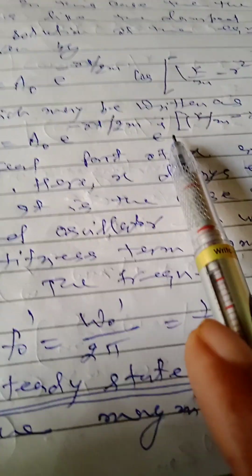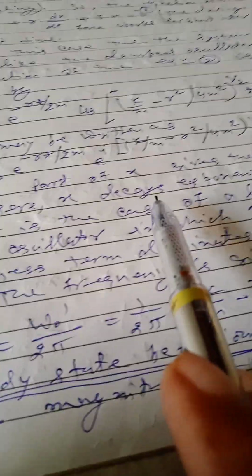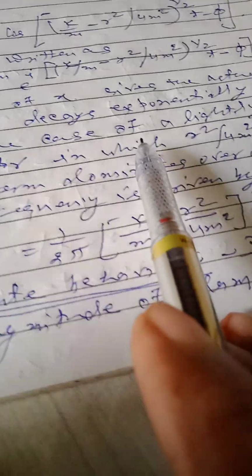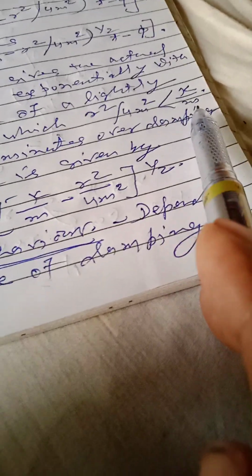There is an exponential term, and the real part of x gives the actual solution. Here x decays exponentially with time. It is the case of a lightly damped oscillator in which r square by 4m square is less than k by m.